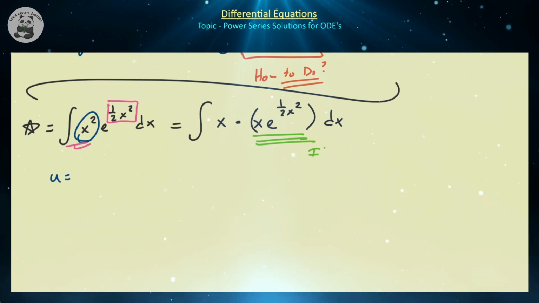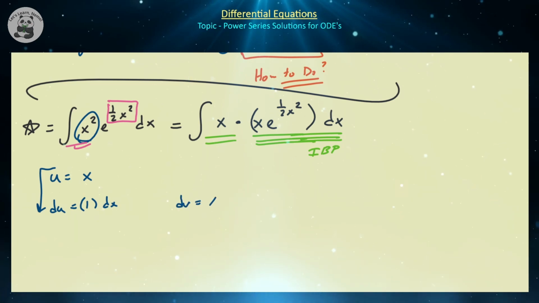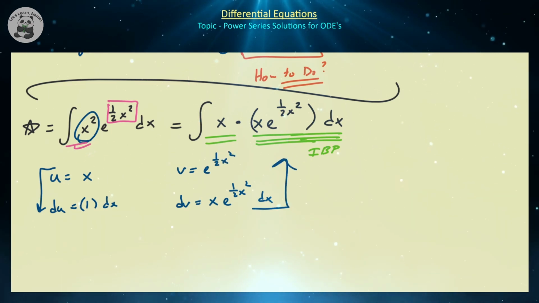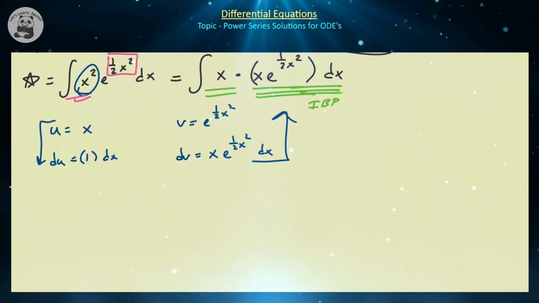So let this be my dv and that be my u. Let u be equal to x, so du is equal to 1 times dx, and then dv is equal to the rest, e to the 1/2 x squared dx. Integrating that, by u substitution, gives e to the 1/2 x squared, and you could show that that is indeed the case.